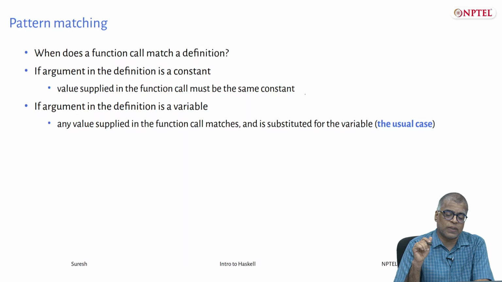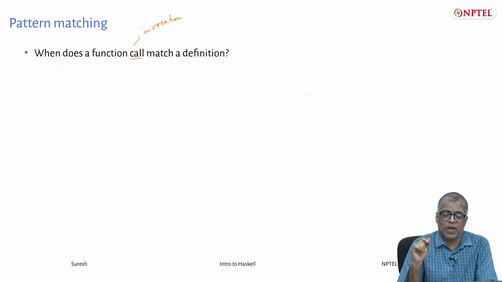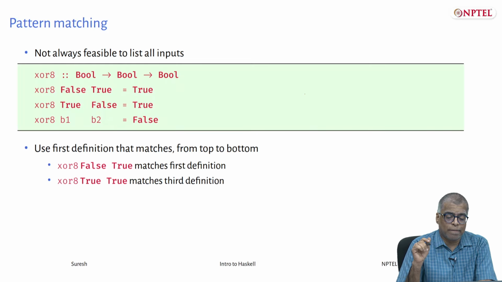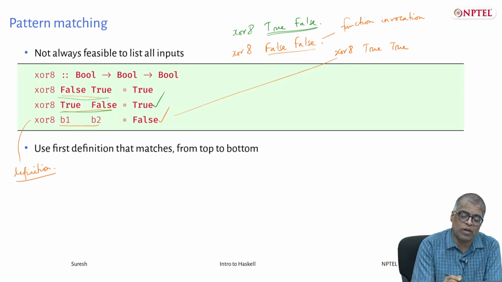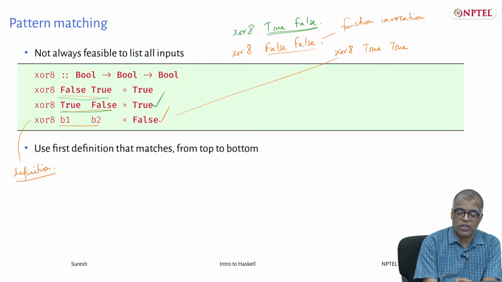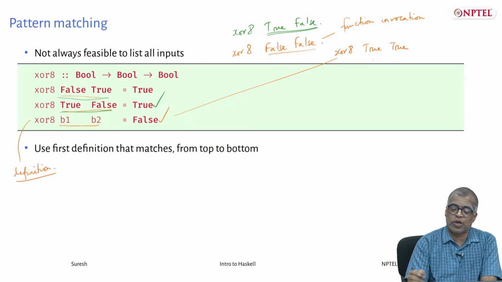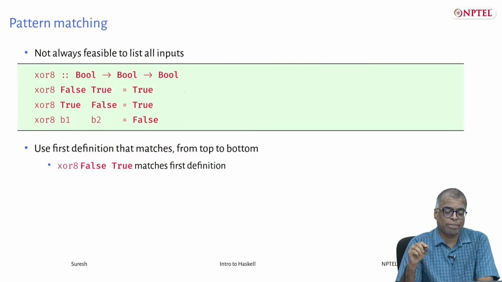This is the usual case, right? So therefore, as we saw here, XOR 8 true, false will match the second line, XOR 8 false, true will match the first line, and XOR 8 false, false and XOR 8 true, true will match the third line of the definition, and you will get the output false.